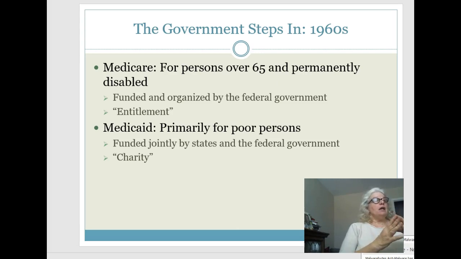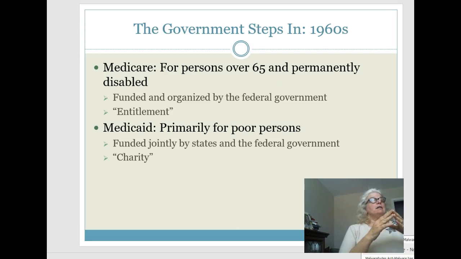But people over the age of 65, or permanently disabled for 2 years, can qualify for Medicare. It is an entitlement system. In other words, you put in the money through your checks all these years to get Medicare when you turn 65. Medicaid is primarily for people who are poor.